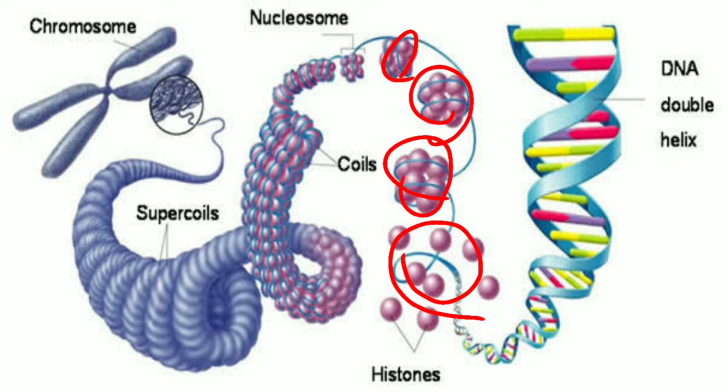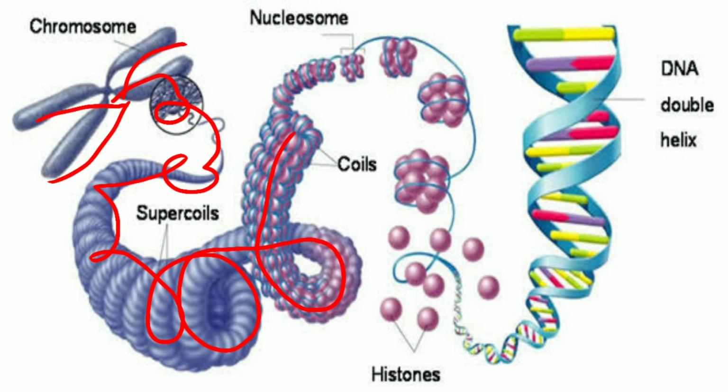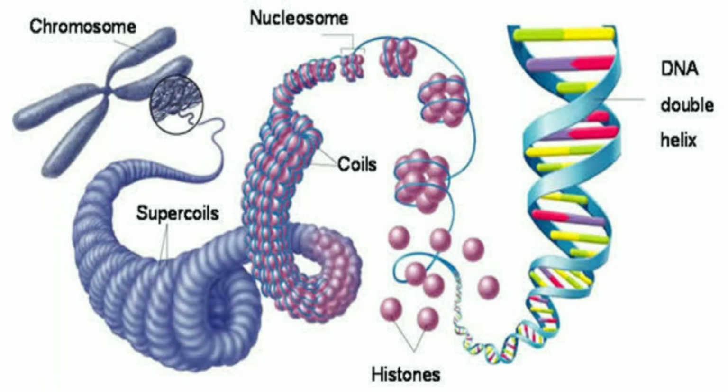These nucleosomes get supercoiled to form this coiled appearance, and then again coiled, and this more condensation forms this rod shaped chromosome. So condensation at various levels increases the thickness of the DNA molecule along with the histone molecules. Finally, we get the structures which we call the chromosomes due to coiling and supercoiling.